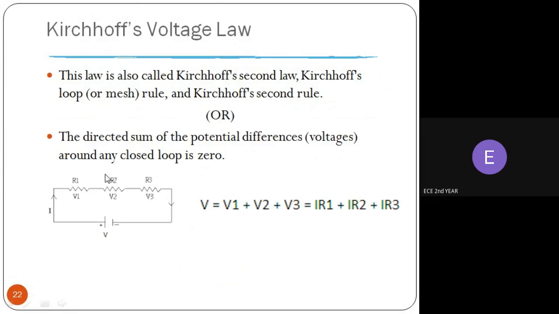So the sum of the individual drops is equal to the voltage rise inside the closed loop.